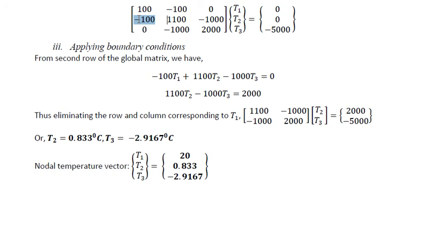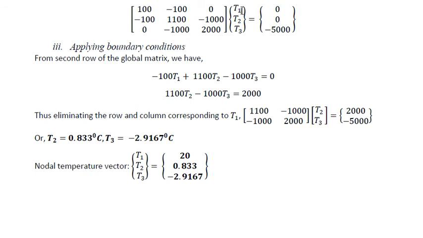If we make the first element of the second row 0, we will remain with only these two and these two elements, which are unknown. Since T1 is known, please listen carefully.